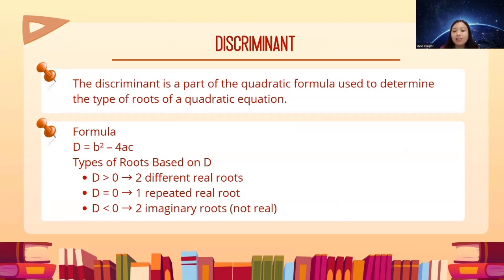If D is greater than 0, the equation has two different real roots. If D equals 0, the equation has one repeated real root. And if D is less than 0, the equation has imaginary roots.